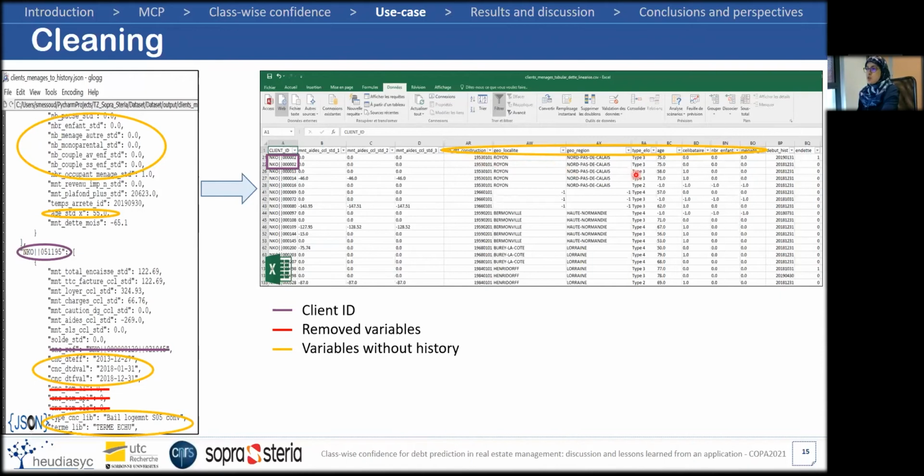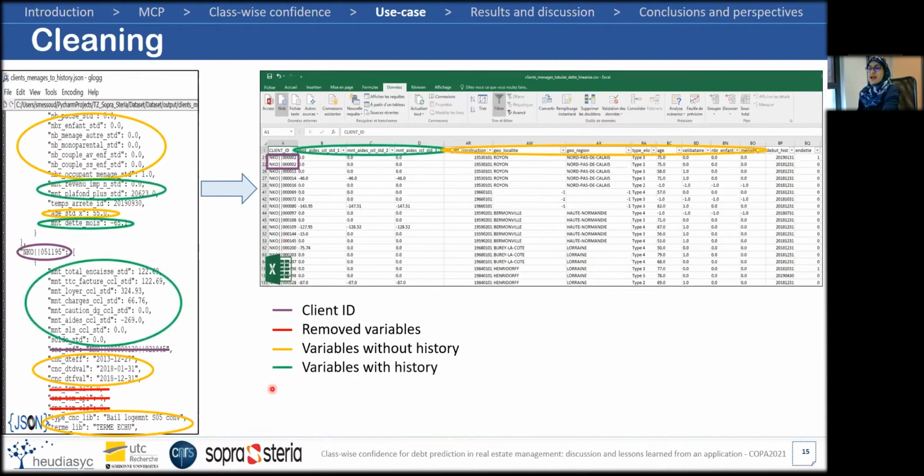So we keep just one value of them for the 3 months, but we still have some variables that have a history. For example, the amount of help that is provided by the French government, the amounts that are paid each month, etc. These are values that change over time, so we need to keep the history, and we have 3 columns for each month.